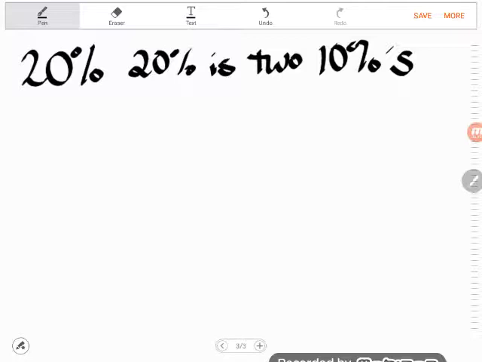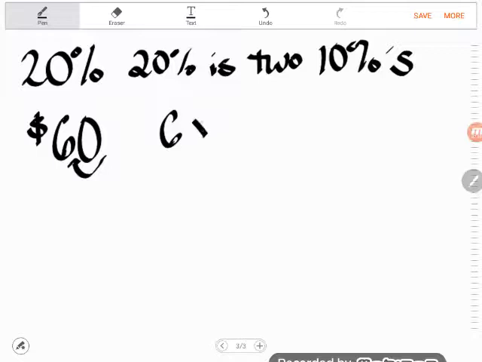Let me show you. Let's pretend that I went to a restaurant and my bill was $60. Obviously, I'm a teacher. I don't get to do that very often, but hey, a girl can dream. So I have the $60 bill at the restaurant. I already know how I could find 10%, right? I would just lose my decimal. So if I wanted 10%, that'd be $6. But I don't want 10%. I want 20%.